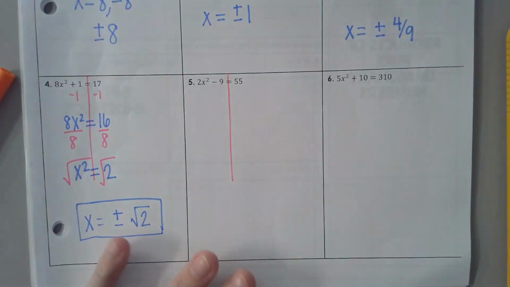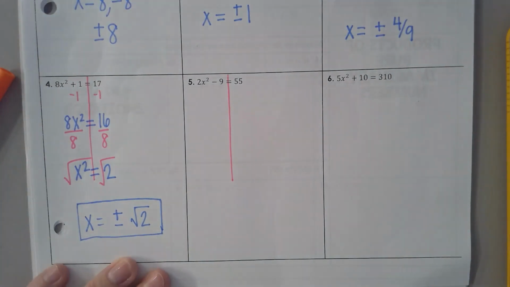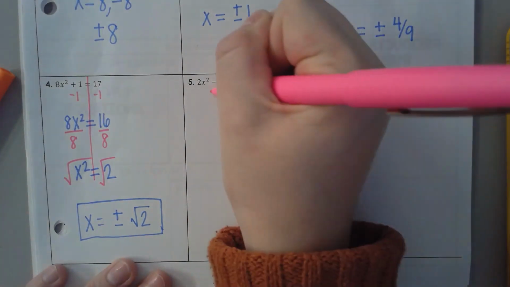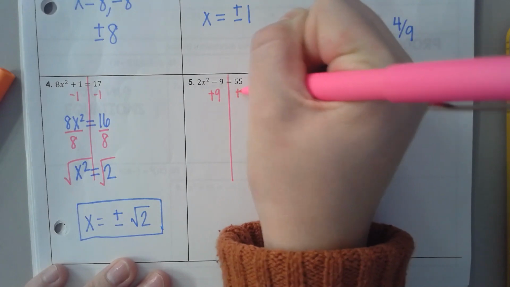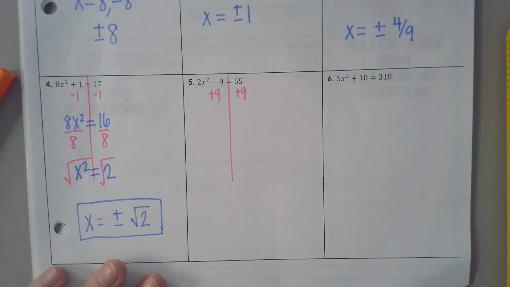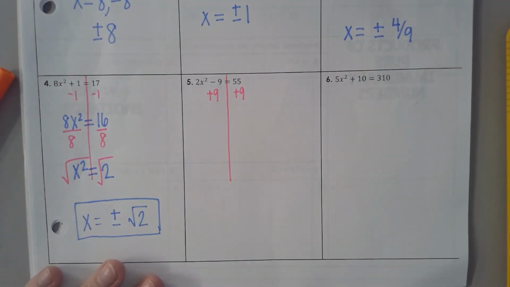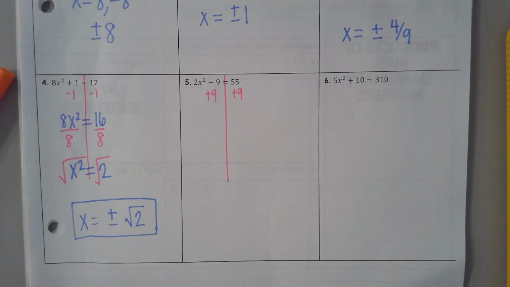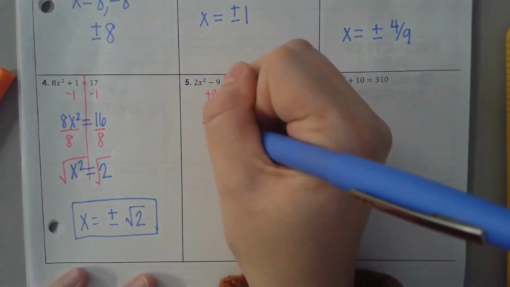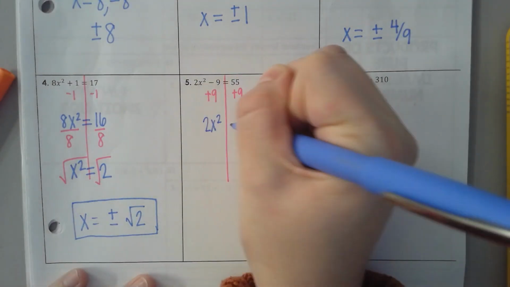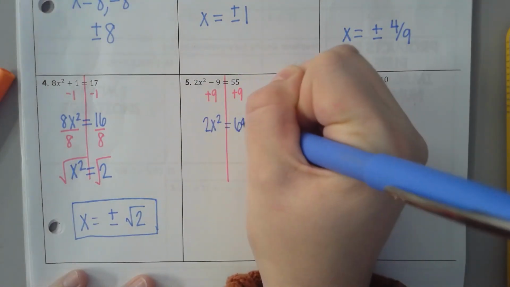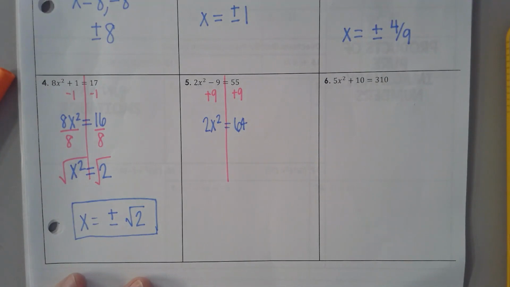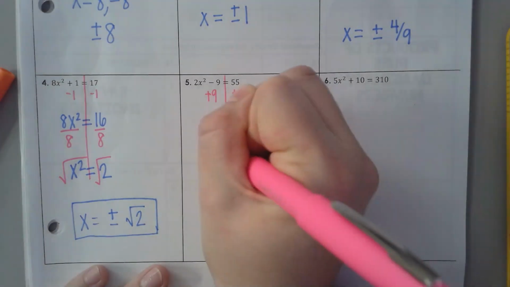Let's do number 5. Add 9 to both sides. And that gives us 2x squared equals 64. Then you divide by 2.